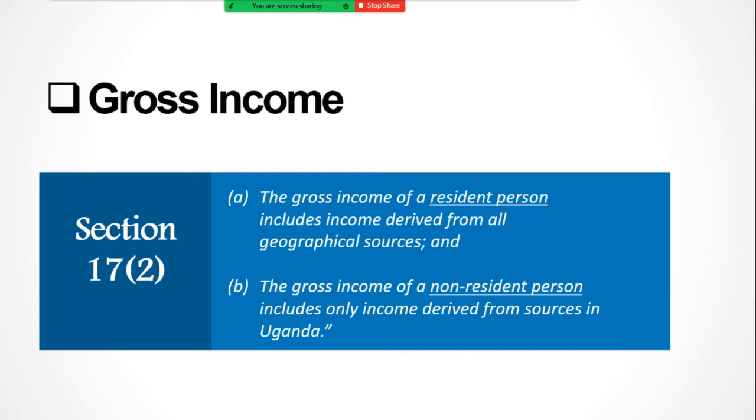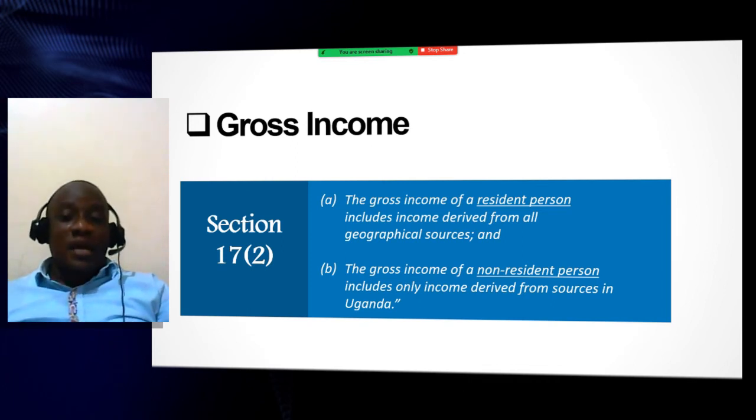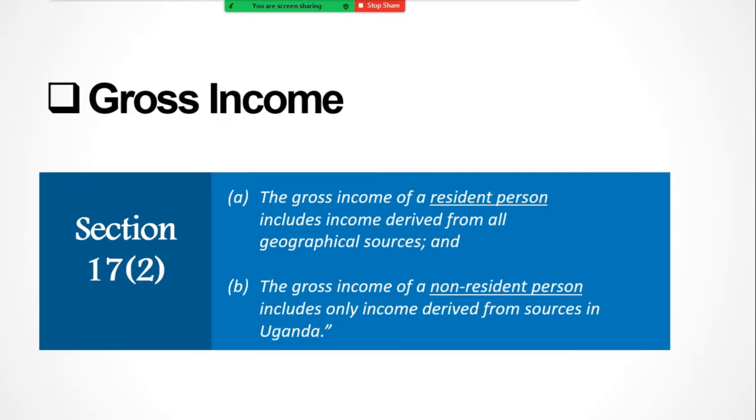All the geographical sources means that today, if you have a job in Uganda, you also have a job in Kenya, you have rentals in South Africa, the income coming from all those sources is going to be pulled to Uganda and then taxed under the tax laws of Uganda. That's what's going to happen.